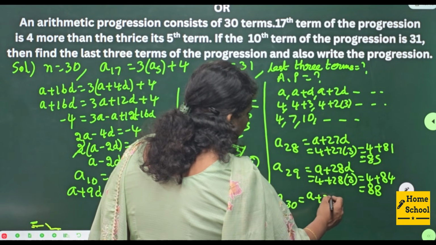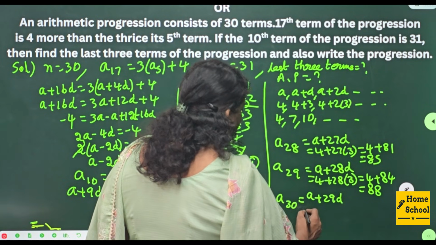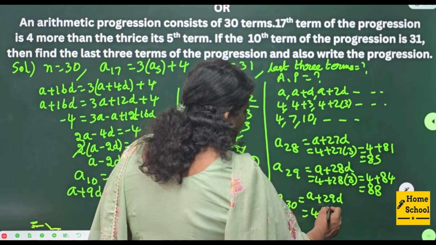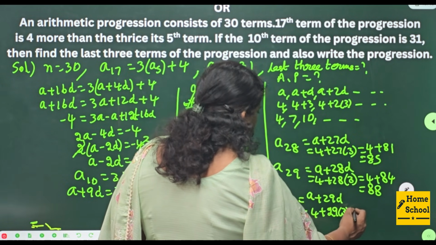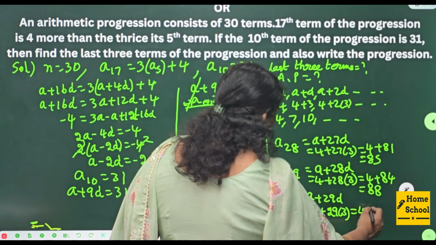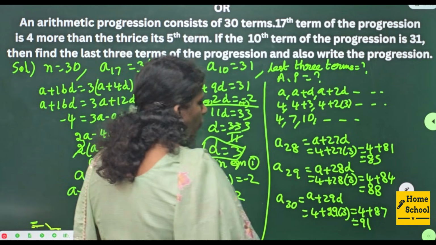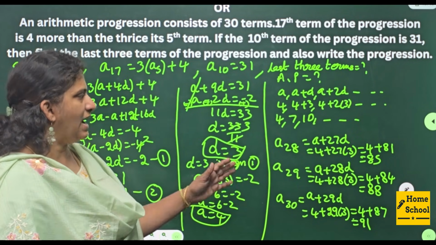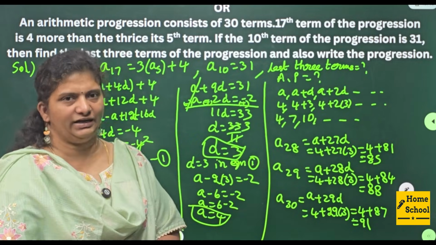A plus 29D, or directly you can go on adding D, children. Any way you can do. 4 plus 29 into 3. That will be 4 plus 87, 91. Therefore, the last 3 terms are 85, 88, 91.